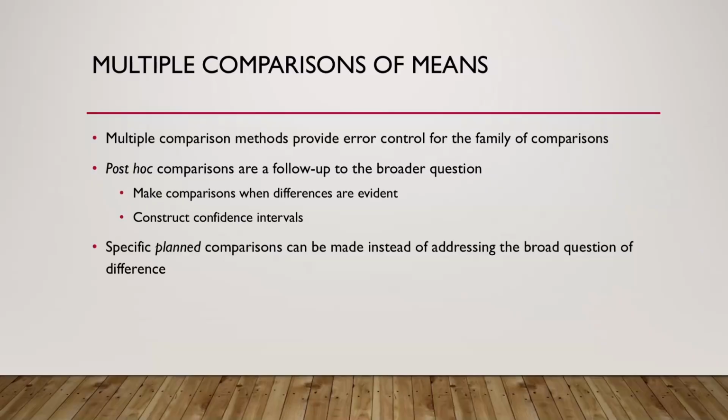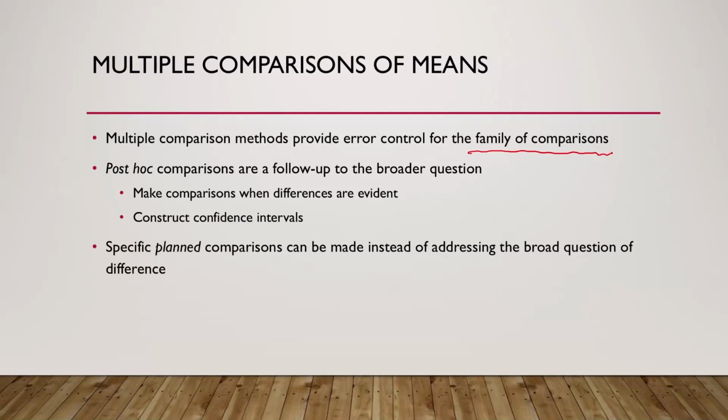So what we do to handle that is what is called multiple comparisons of means procedures. Multiple comparison methods provide error control not just for a hypothesis, but for a family of comparisons.